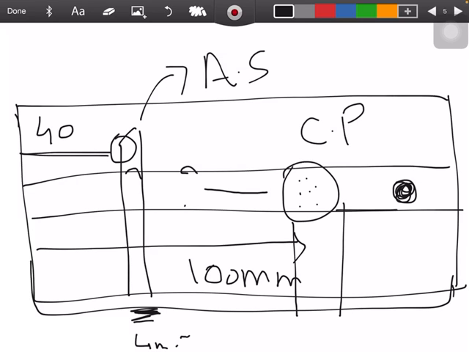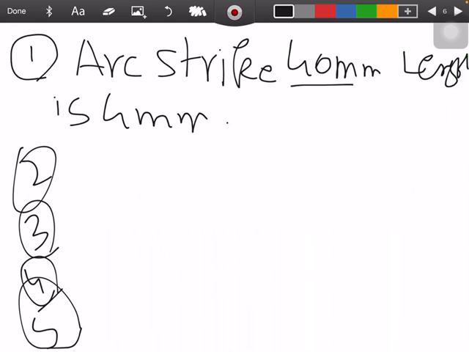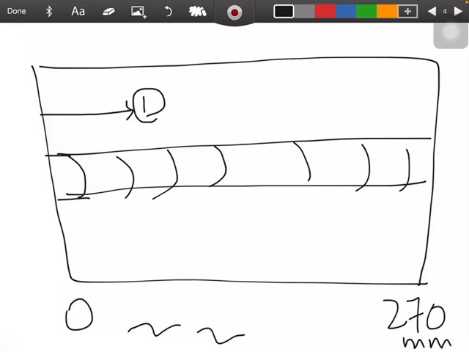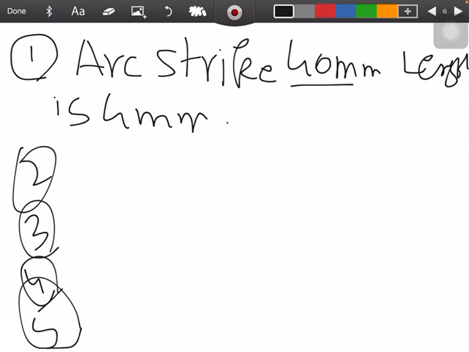So you will mention here 2 is your cluster porosity.